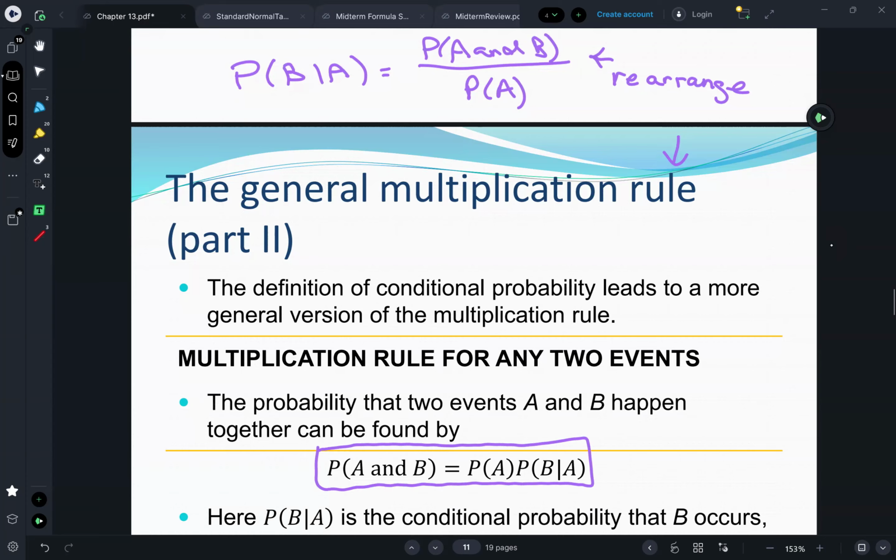Can you see how if you rearrange that conditional formula, we get this formula? So it's basically the same thing, just rearranged, and then you have the multiplication rule. So if you know the conditional formula, you can easily, just using algebra, rearrange it so that A and B are on one side and all the rest is over here on the right. This depends on what you know, what's been given, and which formula to use.